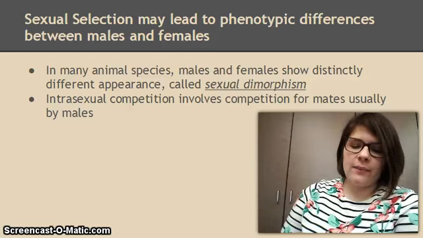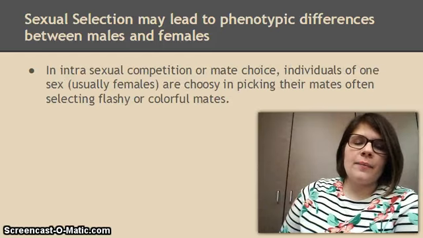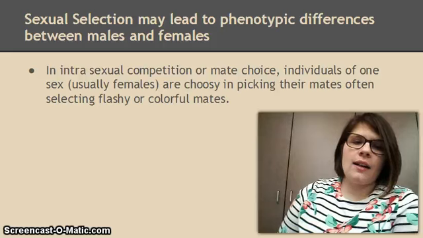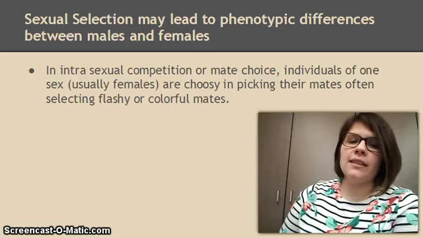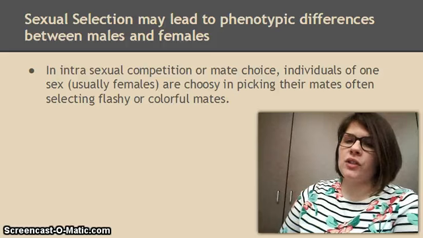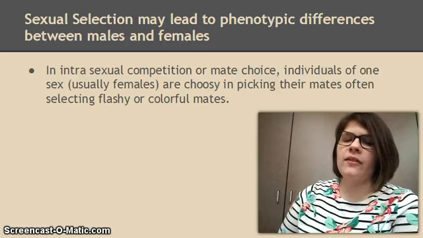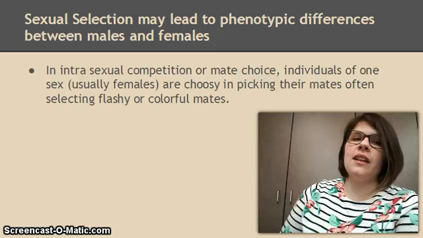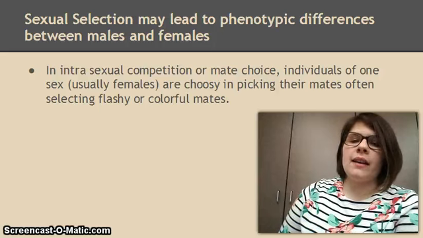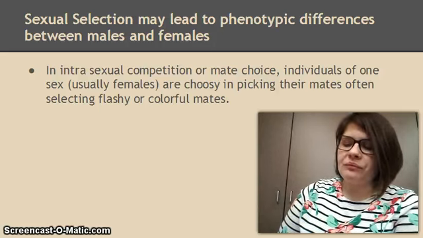And what's interesting is these mating rituals. In intersexual competition, or mate choice, individuals of one sex, usually the females, are choosing and picking their mates, often selecting flashy or colorful mates. So that female is trying to pick the fittest of all of those males that are coming after her.